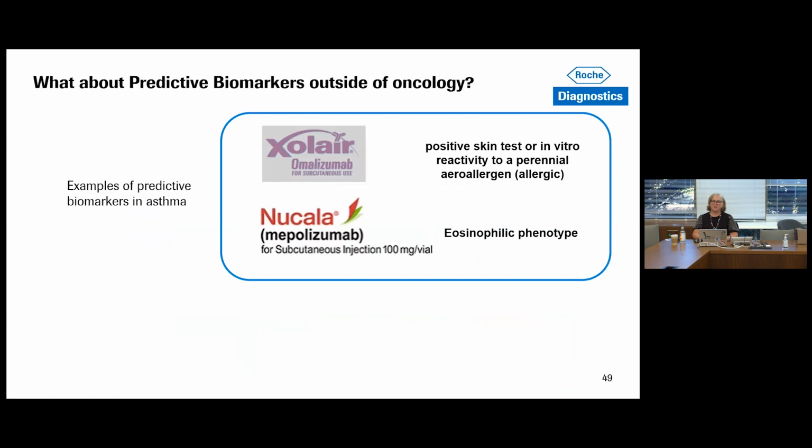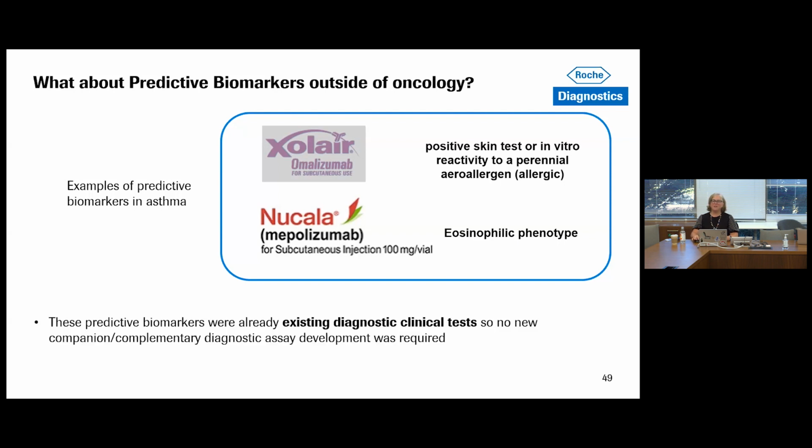There are predictive biomarkers in asthma, as we see here, but these do not rise to the level of companion diagnostics because they were already existing as a clinical diagnostic test. So these were not tests developed specifically for the drug to measure efficacy and safety of that particular drug. This is part of the disease diagnosis. So this was not labeled as a companion or complementary diagnostic.